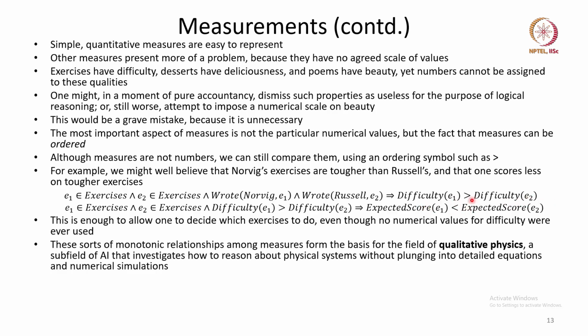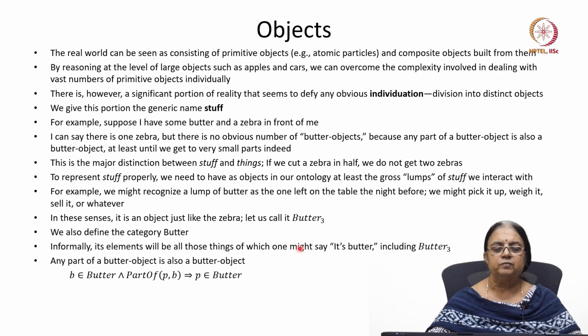So you are representing it by some type of order. You can also say that the expected score for E1 will be less than the expected score for E2. This is the type of ordering that can be used, even though you are not able to specifically say this is the number or this is the amount.